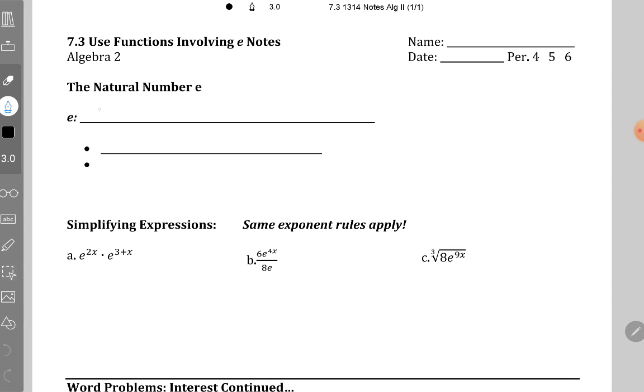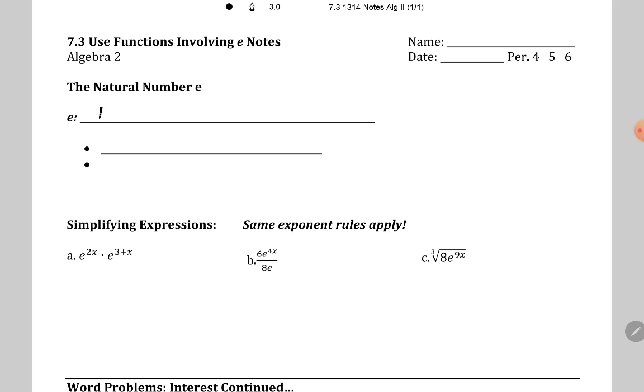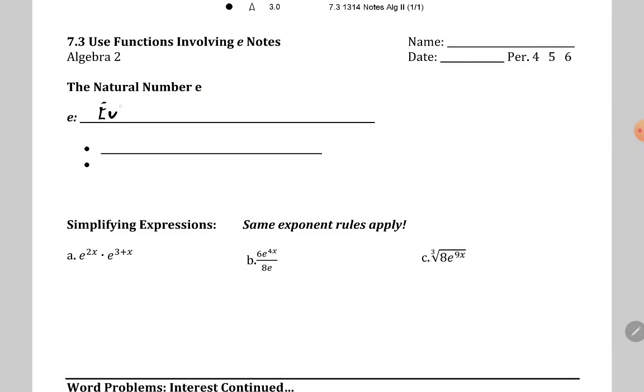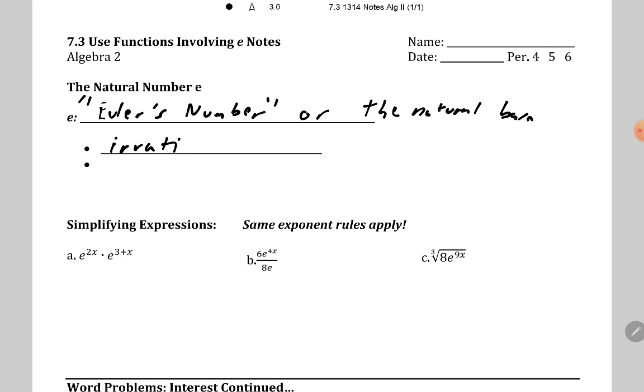Today we'll be looking in Algebra 2 at the natural number e. E, also known as Euler's number, or the natural base. It's kind of like pi. It's irrational.